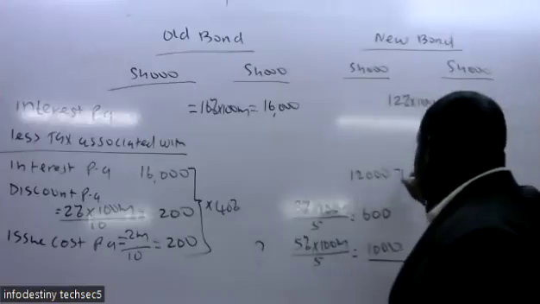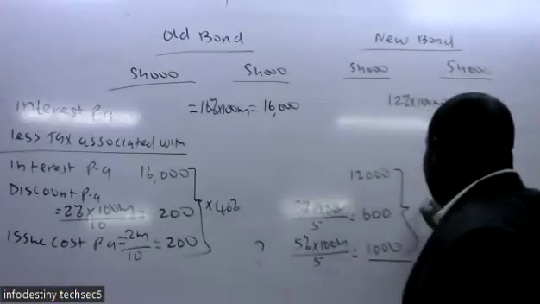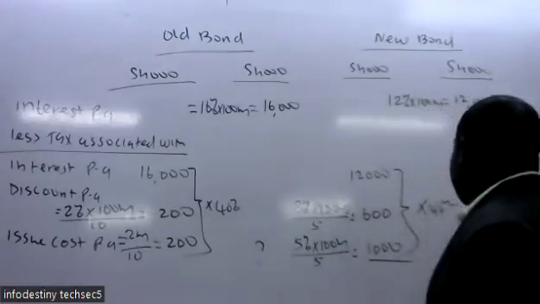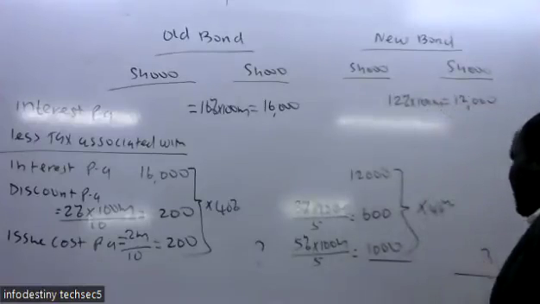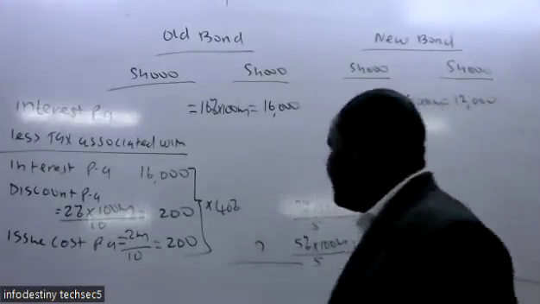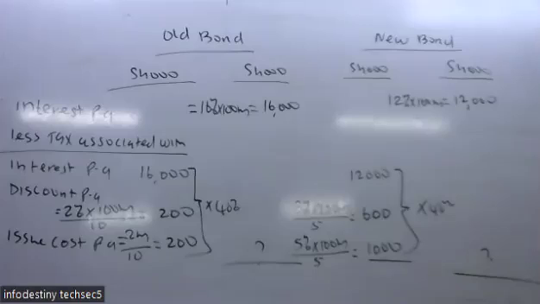Also this one, we also multiply 40%. Mm. 25%. Yes. Then we divide by 5 years to get per annum.